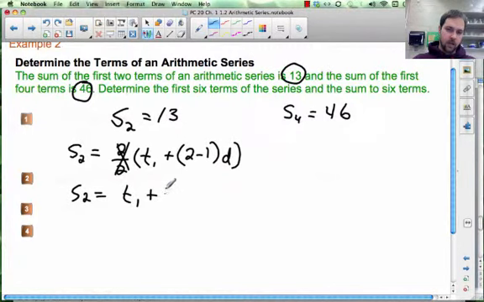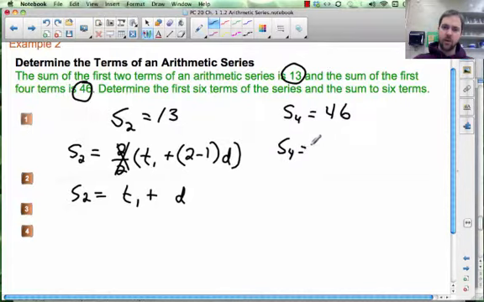So we get T1 plus 2 minus 1 d, which is just d. So S sub 2 is found to be term 1 plus the difference. Makes sense, that's how we find all second terms, is we take the first term and we add the common difference.